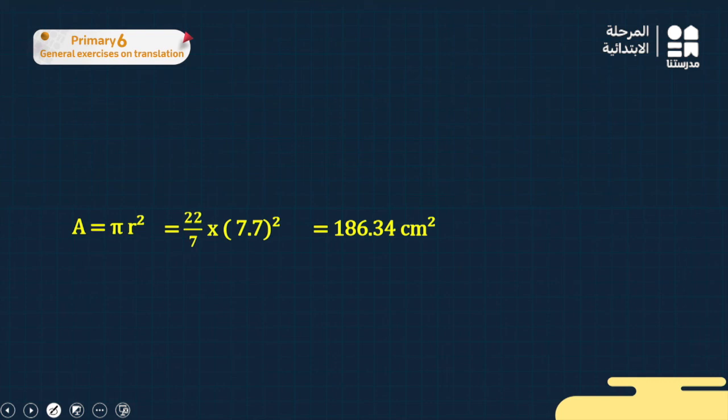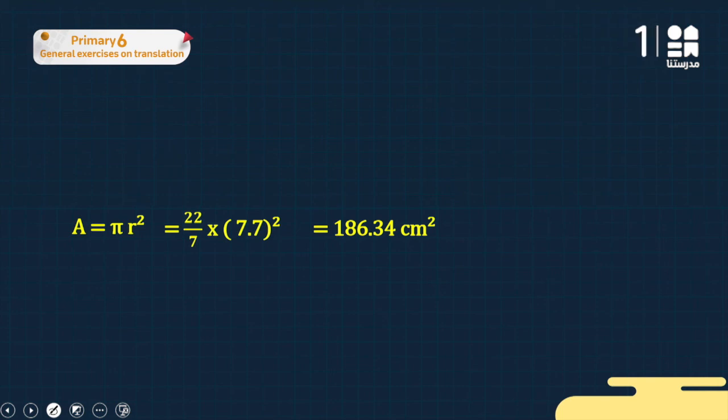By calculating it, it gives me 186.34 centimeter square. This is the area of the whole circle.